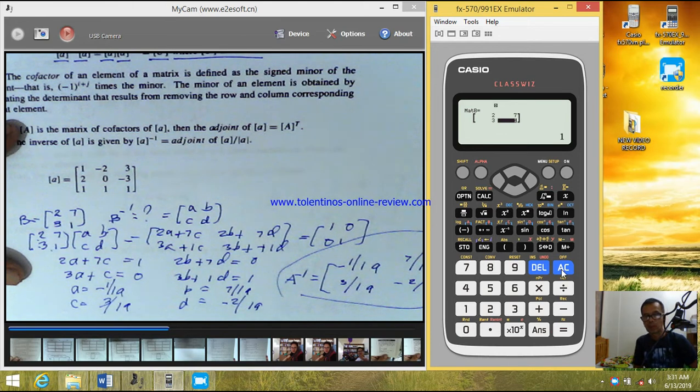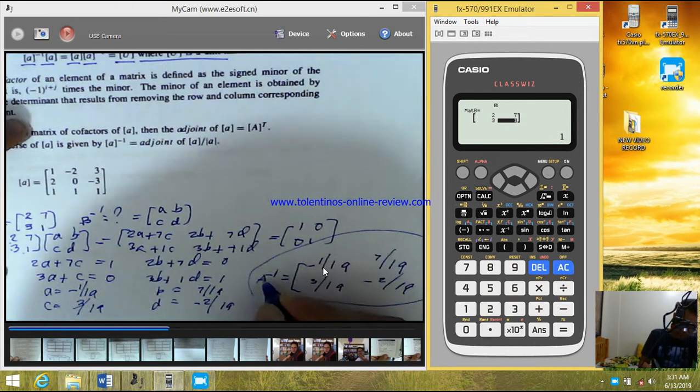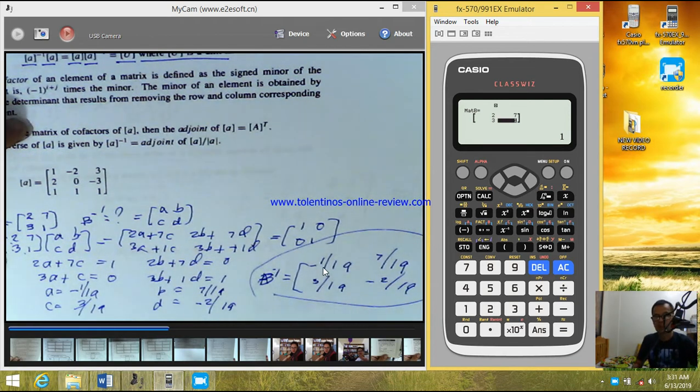Now, and then let's define matrix. By the way, this is B inverse. Okay, let's define matrix B inverse as A. This time I will define matrix A as 2 by 2.